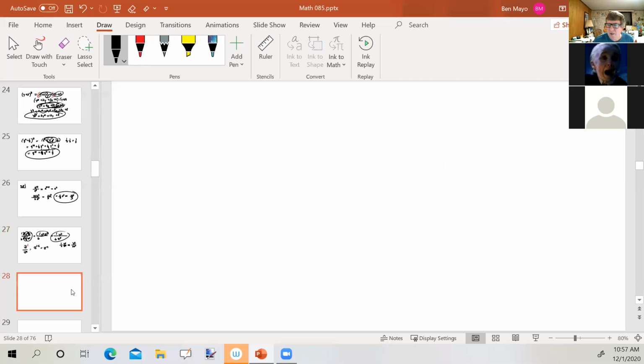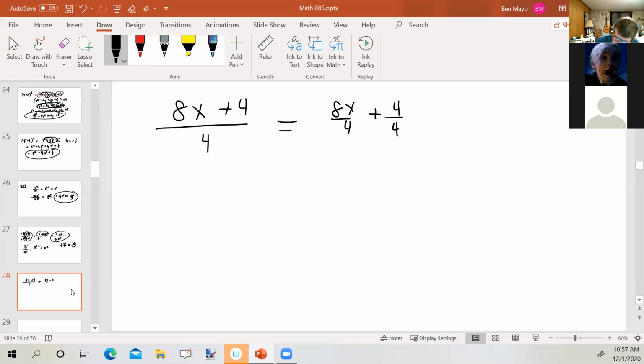All right, let's see here. Now, let's say we've got a polynomial divided by a monomial, like 8x plus 4 over 4. If you have a polynomial divided by a monomial, the process is to take each term of the numerator and divide it by the denominator.